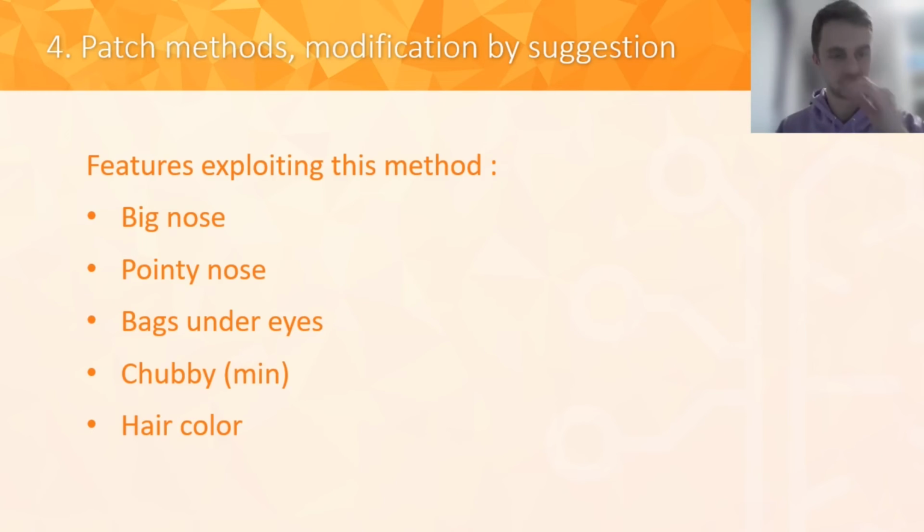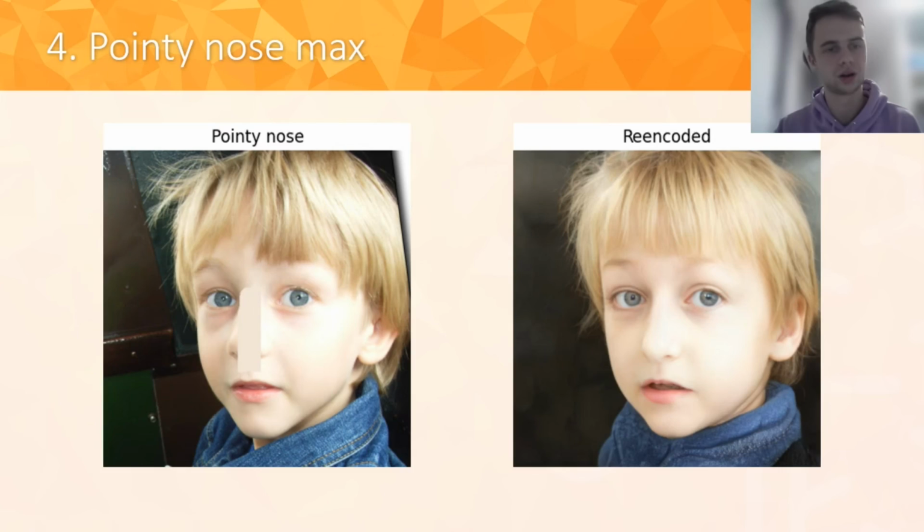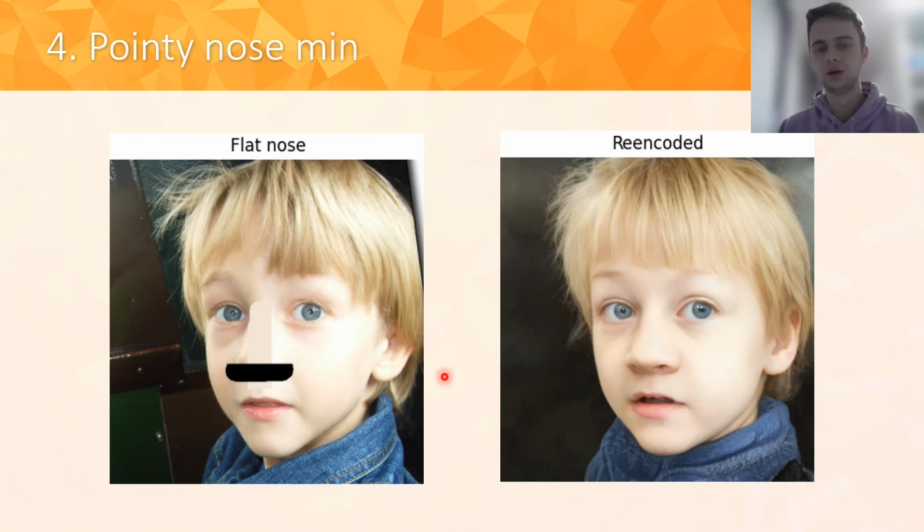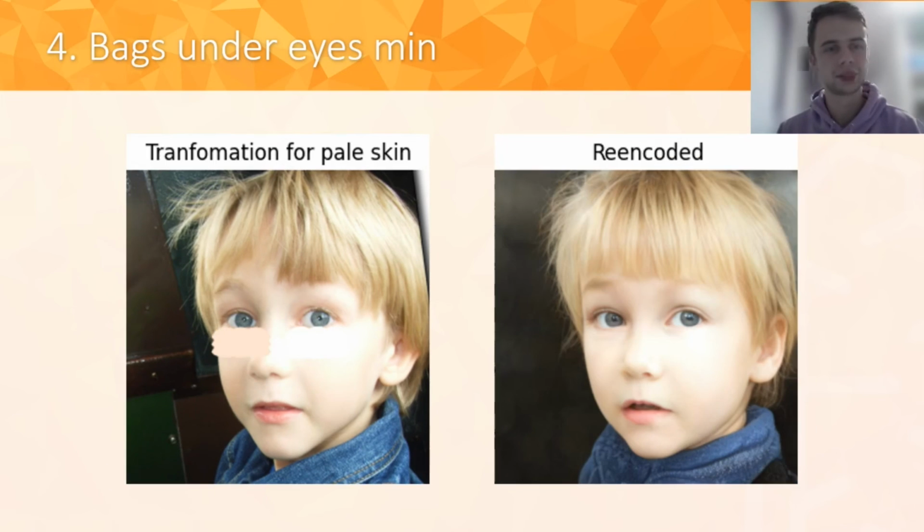Now we'll quickly go over the attributes we used this method on. So we used it for big nose, pointy nose, bags under eyes, chubby, to make people thin, and to change the hair color. About pointy nose, we just drew a line on the nose, which made the nose pointier. But for flat nose, the opposite of pointy nose, we found something that kind of worked.